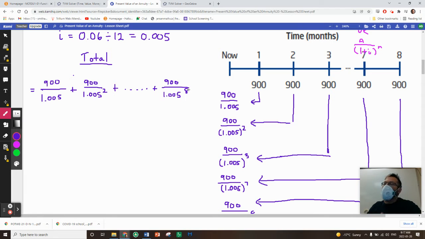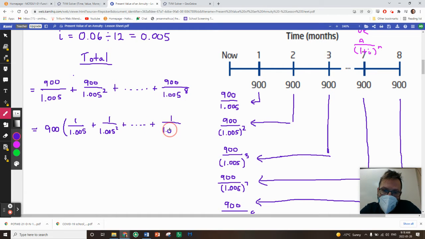So this is going to be a little bit of a beefy calculation, but it's the only one we're going to do today. I'll give you guys a bit of a tip for slamming this out on your calculators. You can actually take out a 900, and then it's just doing 1 divided by 1.005 plus 1 divided by 1.005 squared, and then doing that all the way up to 1.005 to the power of 8.